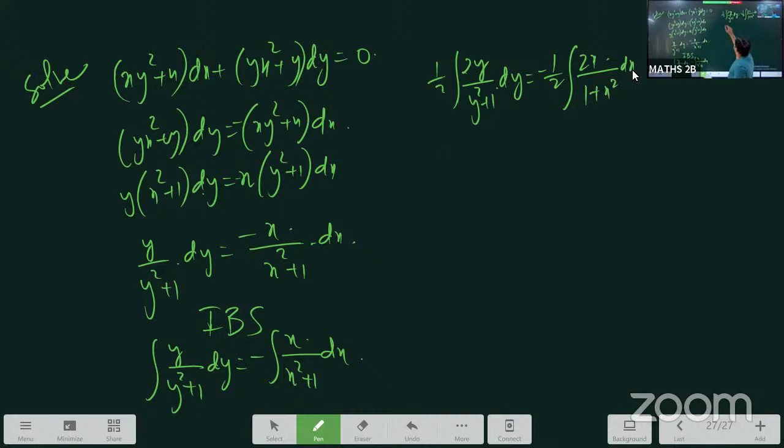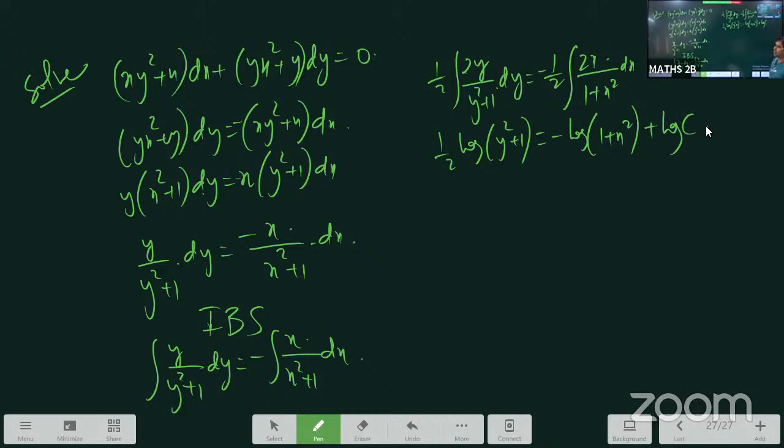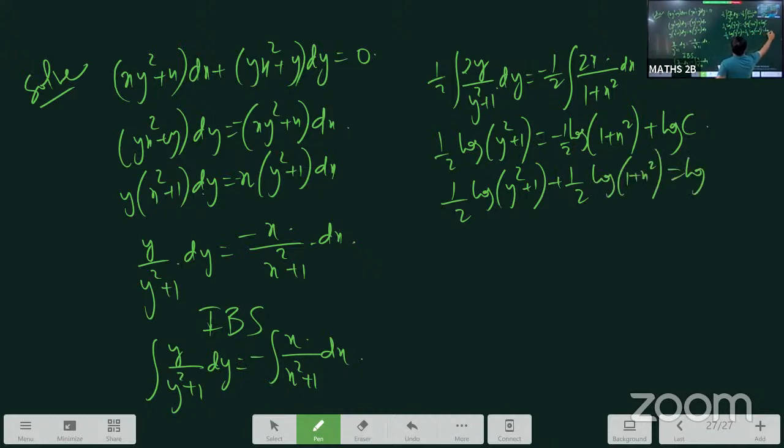Now half as it is, log of (y² + 1), minus half as it is. Since everything is in log, you are going to take the constant c as log c. Now half, bring this half inside: half log (y² + 1) plus half log (1 + x²) equal to log c.